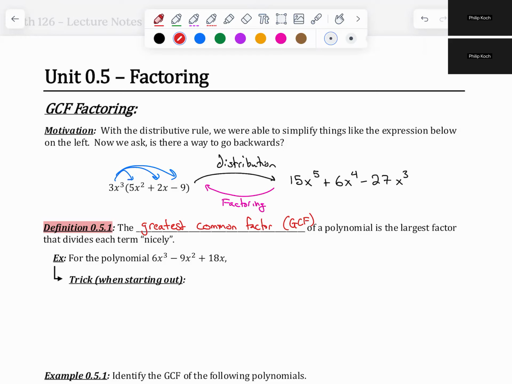The GCF of a polynomial is the largest factor that divides each term nicely, meaning that when you put it over each term, everything will cancel. It's the largest small thing. The least common multiple was the smallest big thing that they all went into. This is the reverse concept: the largest small thing that goes into all the terms.